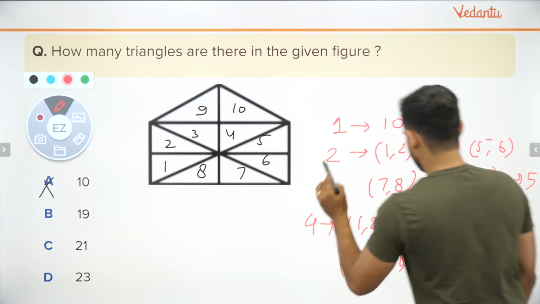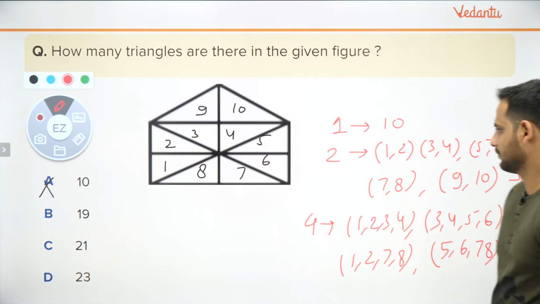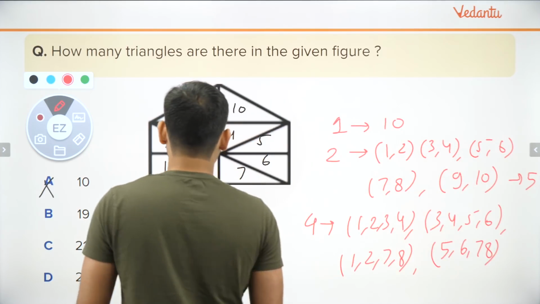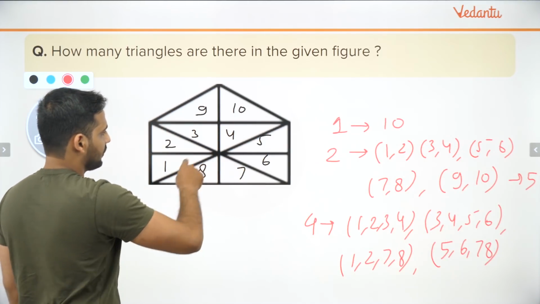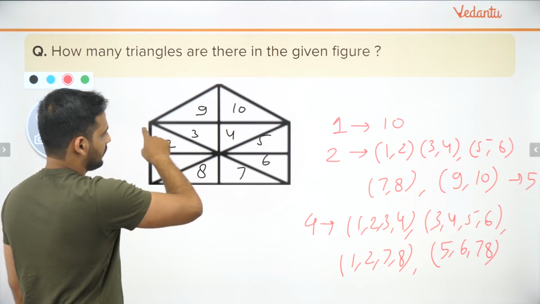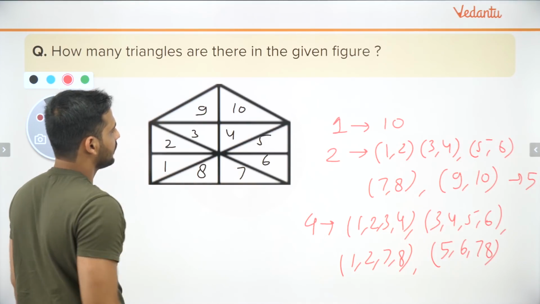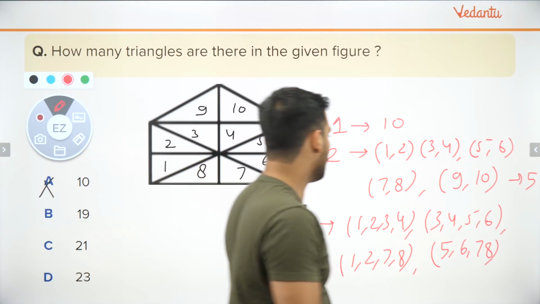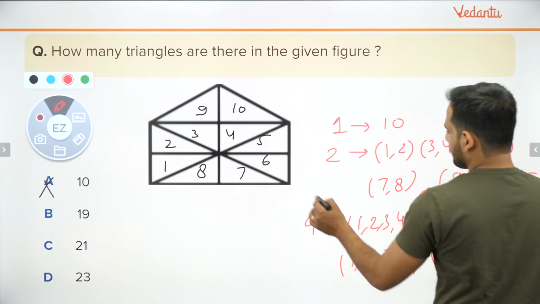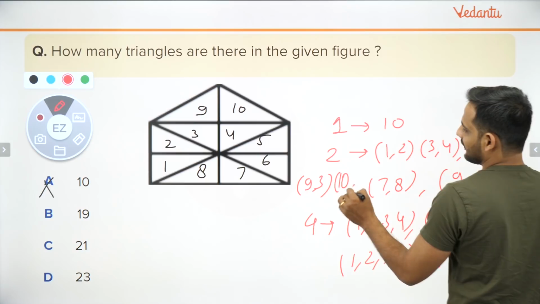Similarly 5 6 7 8. So 1 2 3 4 and 1 2 7 8, and here as well. Now two more triangles we have missed here. What are those? 9 and 3, and 10 and 4.